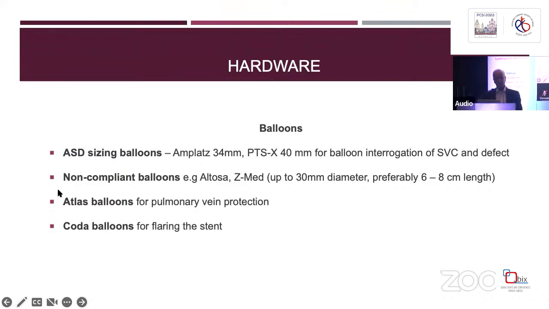And then, depending on how much bulging there is of the balloon, we sometimes use non-compliant balloons, and that's again a variety, such as Atlas or Z-Med, of up to 30 millimeter diameter and preferably 6 to 8 centimeter long balloons. Atlas balloons of different diameters, we have those available for pulmonary vein protection if there is a need, and Coda balloon for flaring the bottom end of the stent.